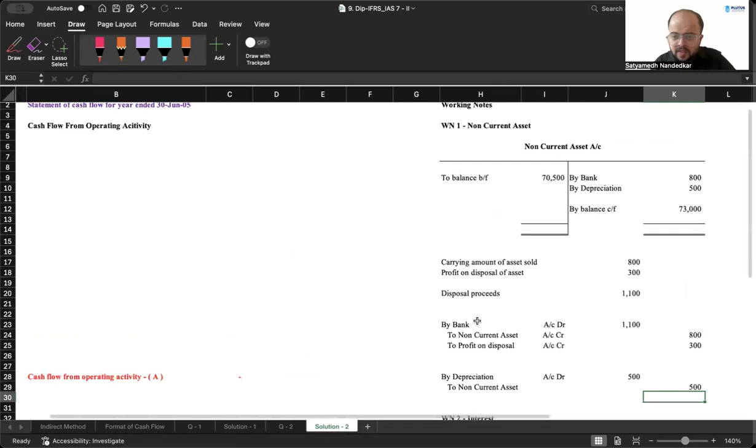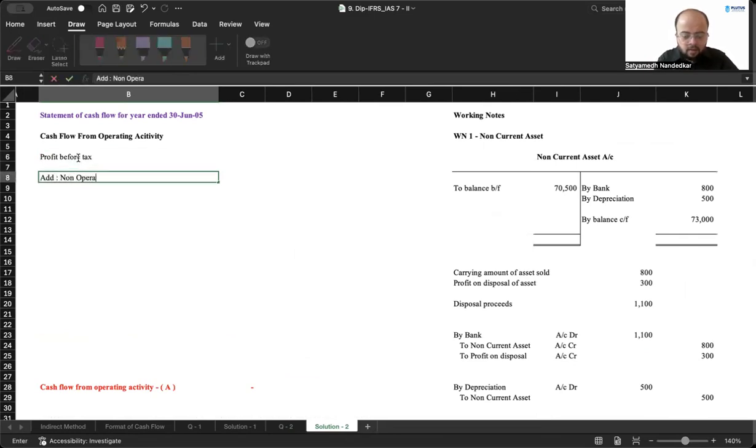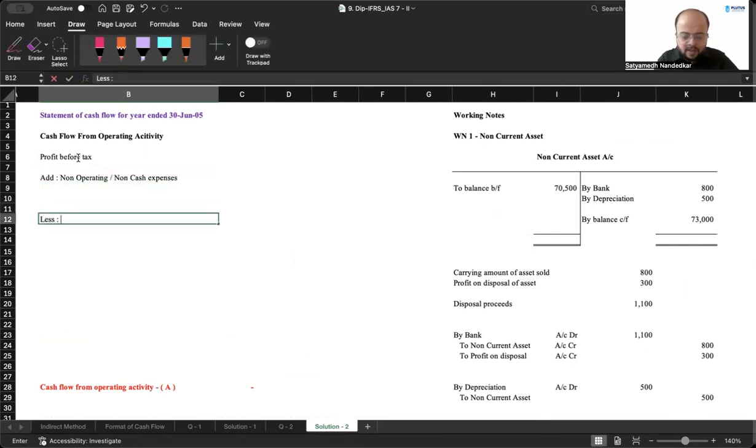So, the first thing that I would want to do is cash flow from operating activity: profit before tax, add non-cash expenses, less non-operating incomes. What are the non-cash expenses here?